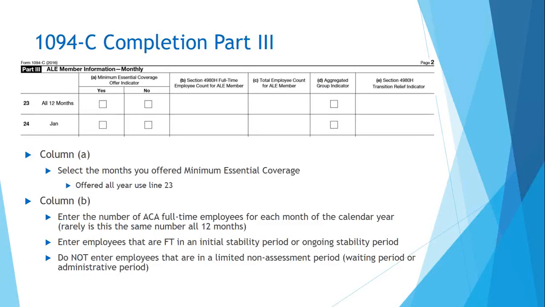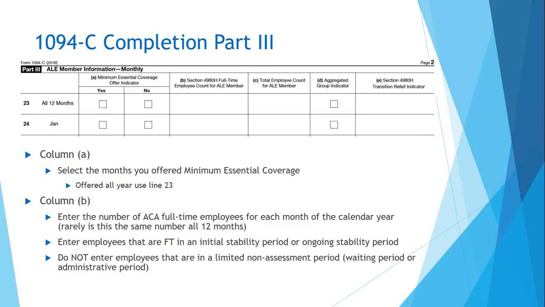Rarely is it the same number all 12 months, as you do have some turnover, maybe some new full-time employees coming in, some people leaving. If you have a really steady base, you just might be a lucky one that only needs to do one line up there on line 23 to indicate how many full-time employees there were all year.